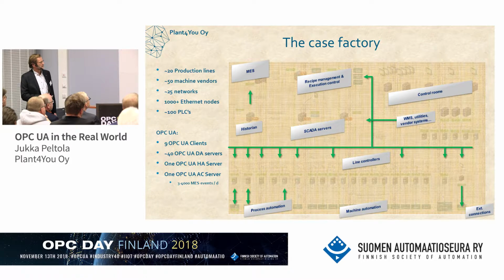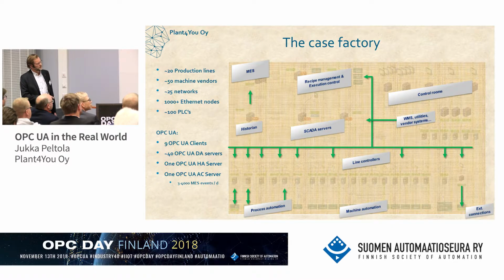So we built up these kinds of line controllers to communicate and send the parameters to the system, and also collect and gather data from the vendor systems. All of this information is then collected with OPC UA to the SCADA system. These job production orders, or work orders, were sent from MES to the recipe management system, and these control recipes are then written down to the line controller.